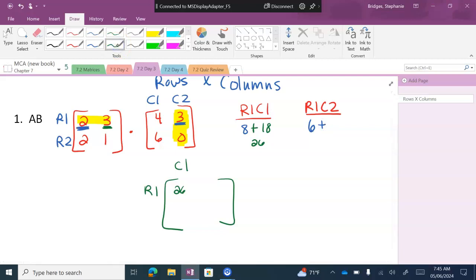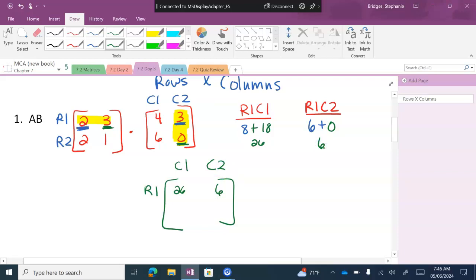And then we do the second number, 3 times 0, which is 0. So again, using my fingers to help me keep straight what I'm doing. First row, second column, we multiply. Then we go across and down and we multiply again. And then I just add those together to give me 6. And in my answer, in row 1, column 2, I'm going to put 6.